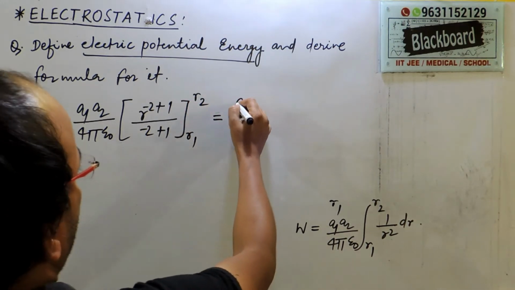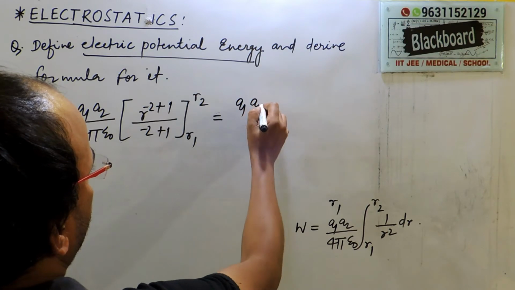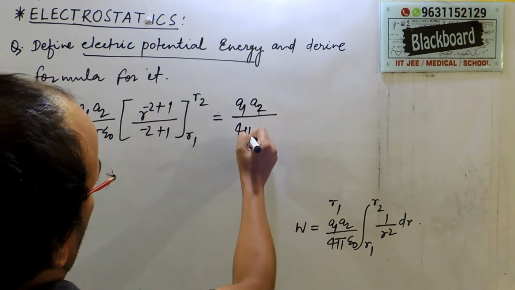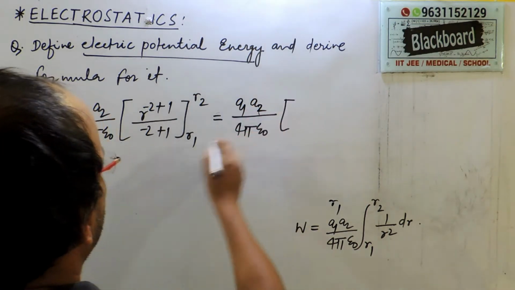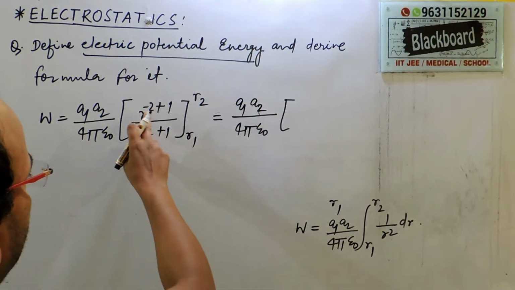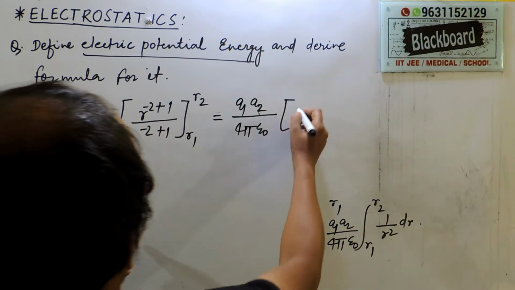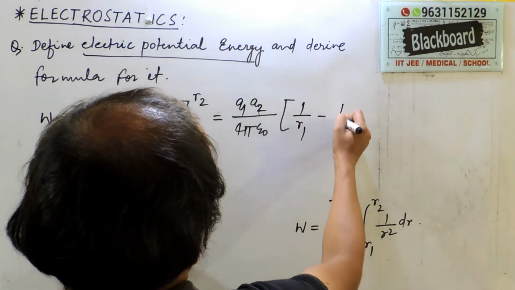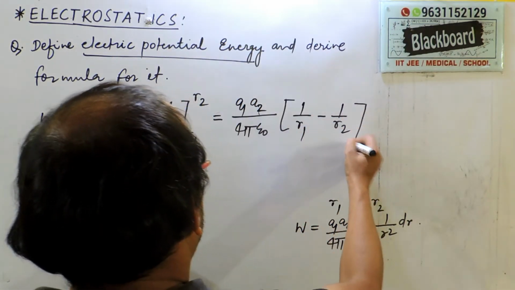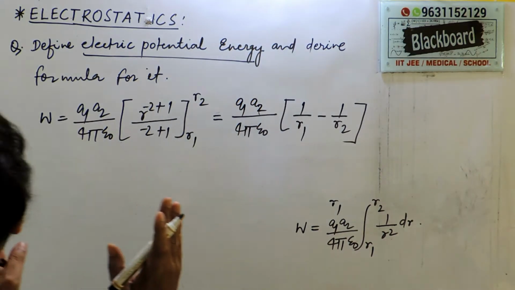That means Q1 Q2 by 4 pi epsilon naught into minus 2 plus 1, that is minus 1. After putting the limits we write 1 by R1 minus 1 by R2.